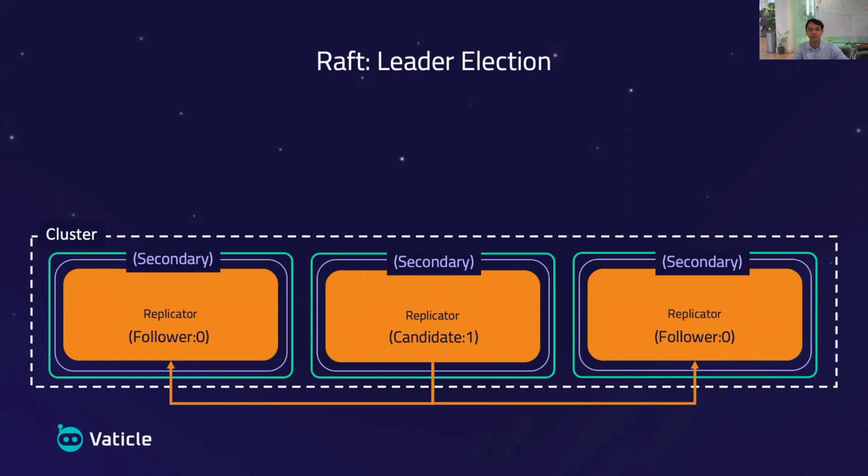In this case, it'll start an election at term 1. Now the other two followers, server 1 and server 3, receiving an election request from the second candidate, will reply with a response granting a vote to the replicator on the second server.